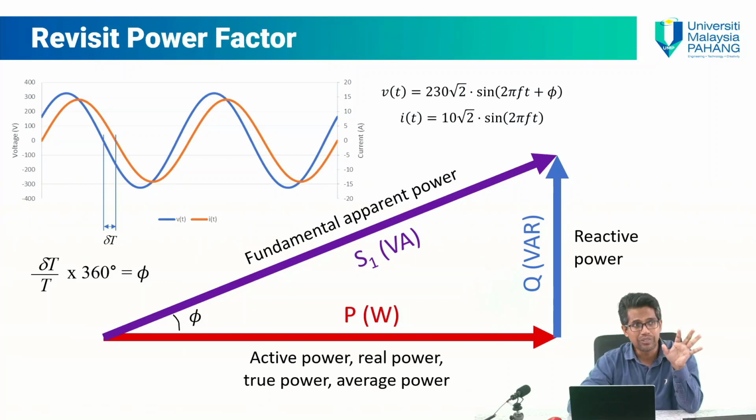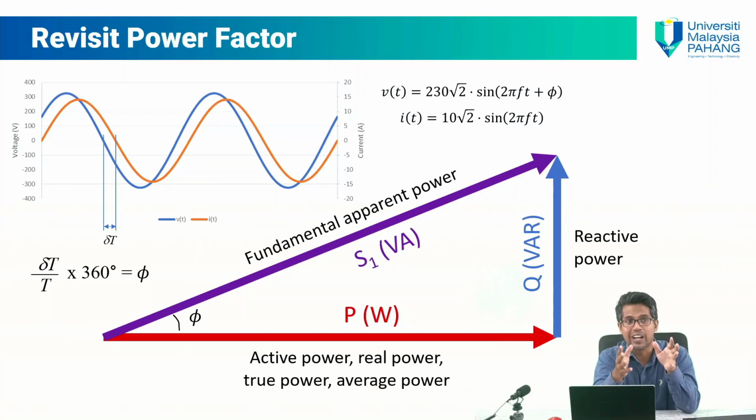So we revisit power factor. Consider these two waveforms. This is a linear load. You can see there is a difference between the zero crossing of voltage and the zero crossing of current. When you measure the difference, or displacement, delta t divided by T, where T is our period, 20 milliseconds in Malaysia, times 360 degrees, you will get phi.